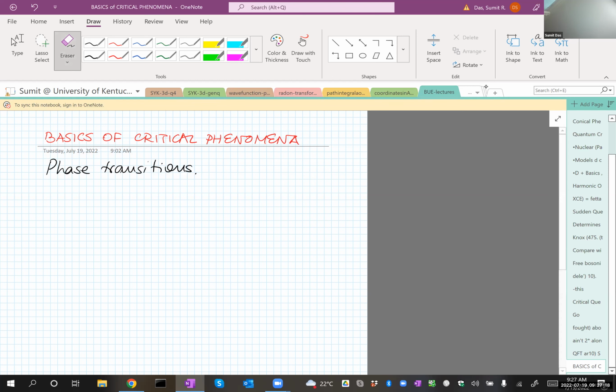You are familiar with phase transitions. For example, you have ice which melts, water which freezes, water which boils. And so this is a liquid gas system, which you are probably familiar with.